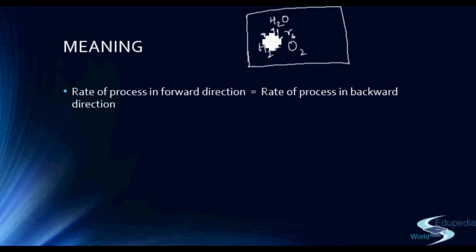These rates might have different values at different times. Eventually there will come a time when RF might be equal to RB, and when RF becomes equal to RB, we can say that our system, that is the reaction inside the container, is in the state of equilibrium. So the condition for establishment of equilibrium is only on the rate of forward reaction and the rate of backward reaction.